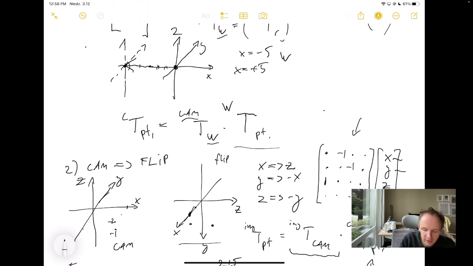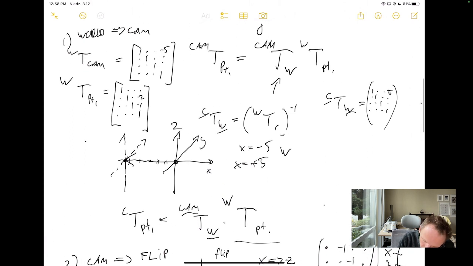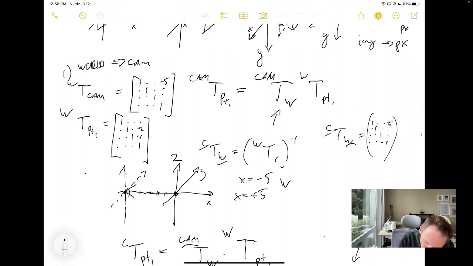Basically the flip can belong to intrinsics, the things that are internal to the camera, and then the position of the camera is sometimes called the extrinsics matrix. So this thing over here is sometimes called the extrinsics matrix.